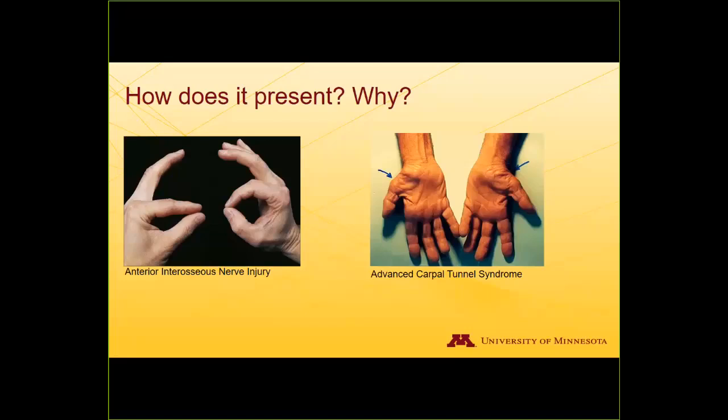They're not able to flex their fingers, and the thumb is not able to flex correctly either. What joints in particular don't you see flexion happening in on the left side? I would say PIP and DIP. Yeah, mostly the DIP.